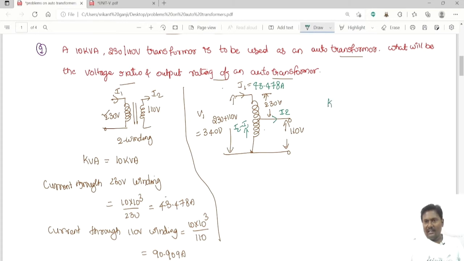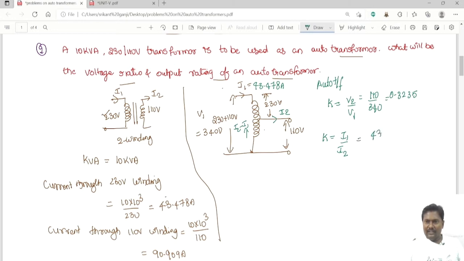Let us calculate the transformation ratio for the auto transformer. So 110 divided by 340 is 0.3235, and K is equal to I1 divided by I2.